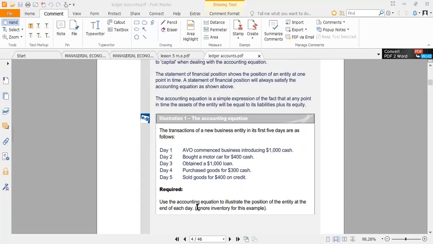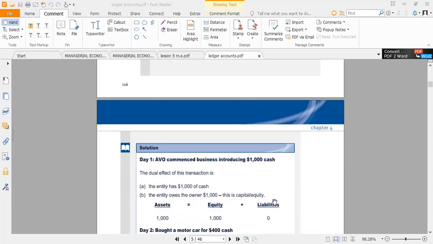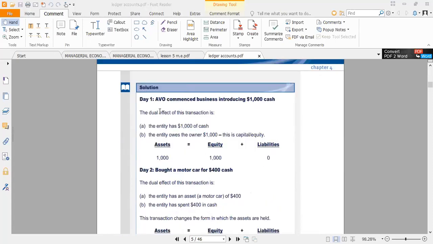So we're supposed to use the accounting equation to illustrate the position of the entry at the end of each day. So we understand that the accounting equation says our assets should be equal to equity plus liability. So we need to observe the duality concept to say for every credit entry, there should be a corresponding debit entry.